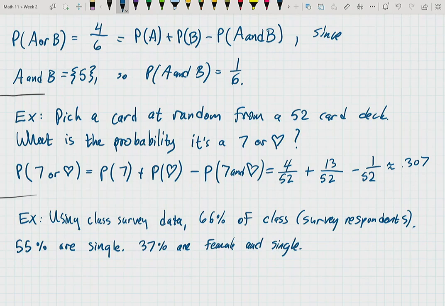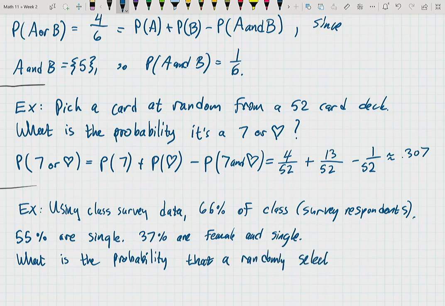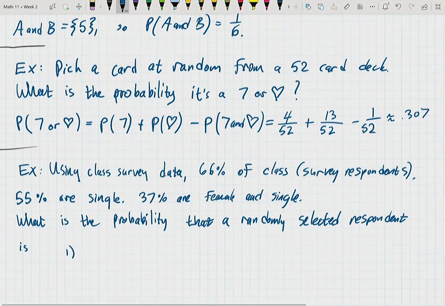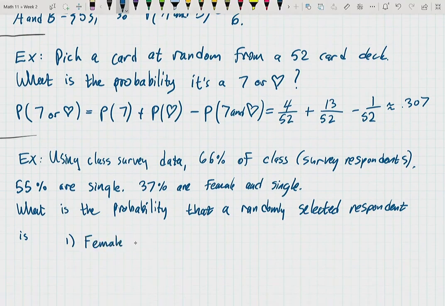So what is the probability that a randomly selected respondent or student is, okay, let's do, how about female but not single? Or how about neither female nor single?